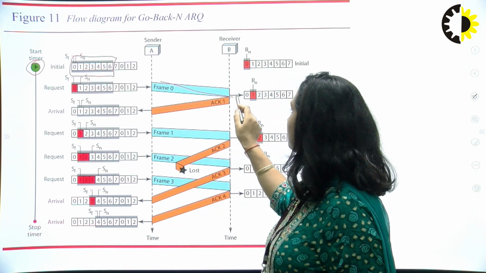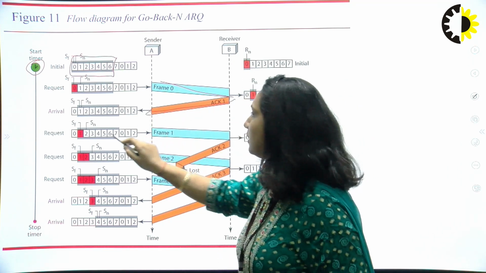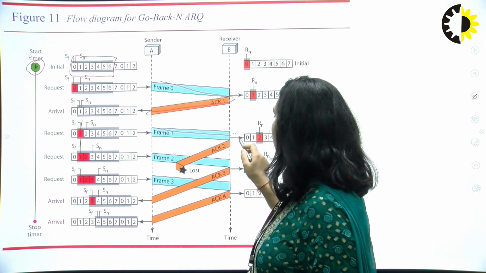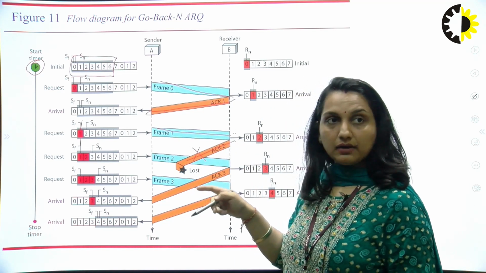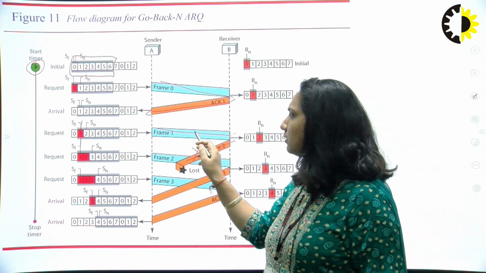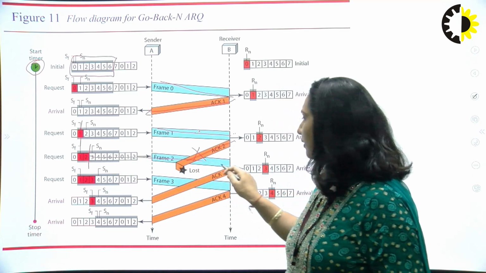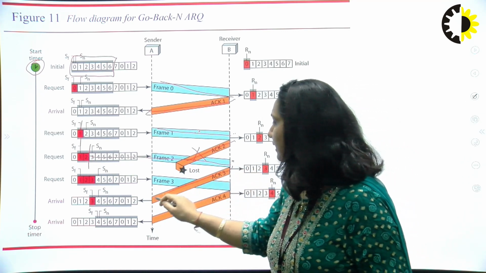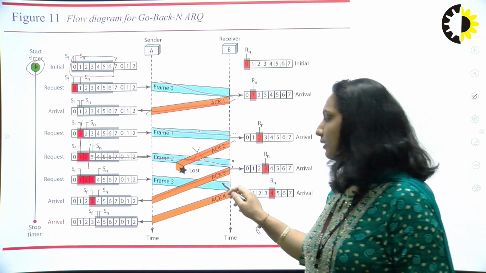So we send frame 0, get the acknowledgement of it, and then we send frame 1, requesting frame 1. Then frame 1 gets discarded, or the acknowledgement gets lost in the network. Then we send the second frame, and when we send the third frame, we get a request for frame 3.